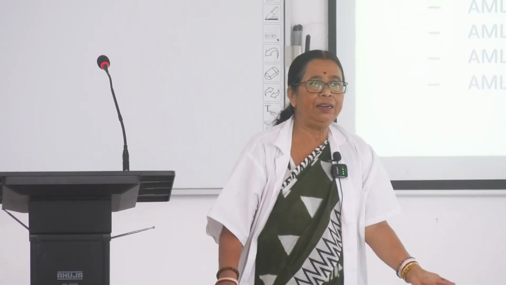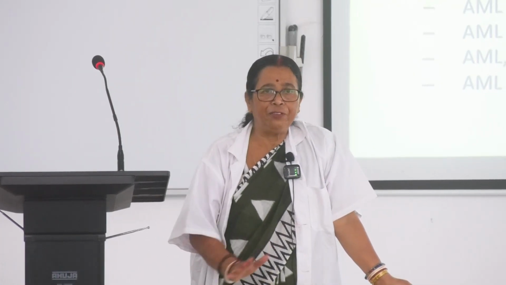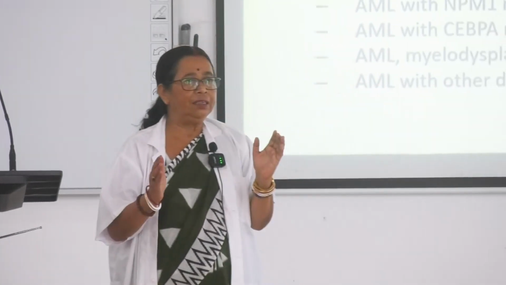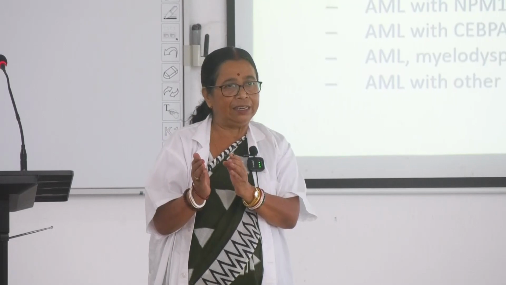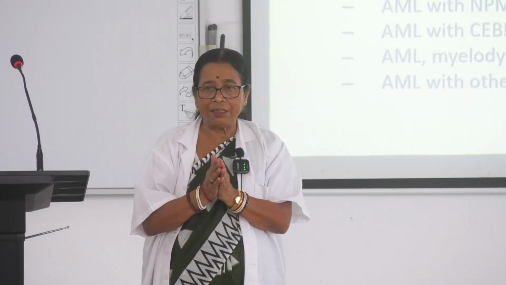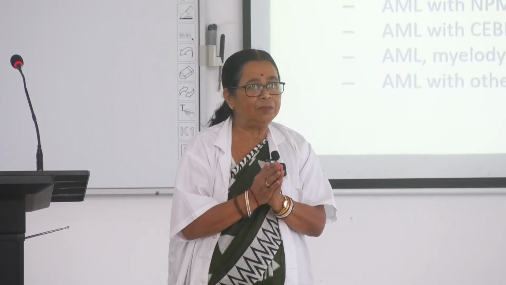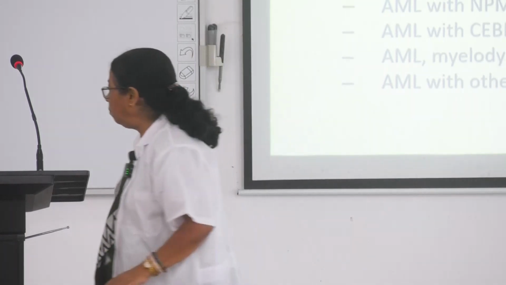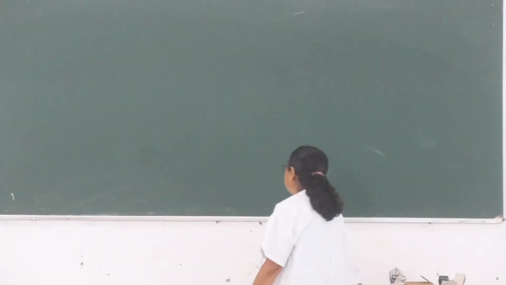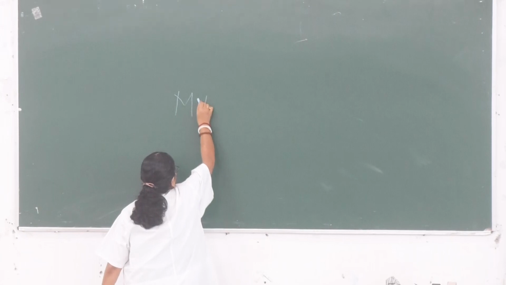Some AML have an ambiguous genetic configuration. Ambiguous means AML with lymphoid lineage, that is hybrid or mixed phenotypic acute leukemia, named MPAL. WHO has included these.